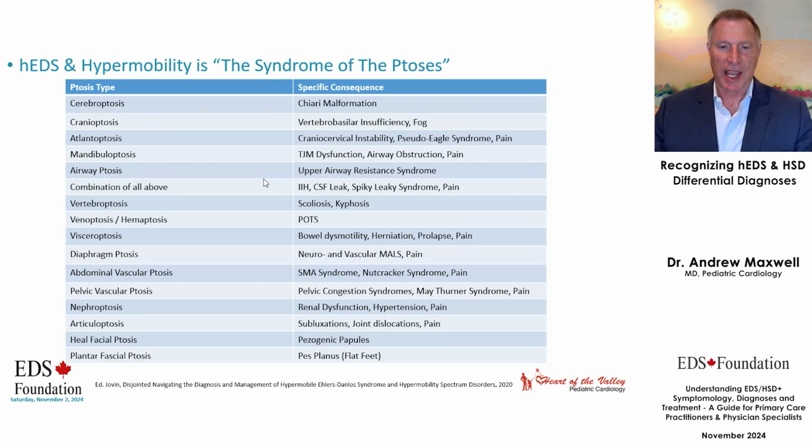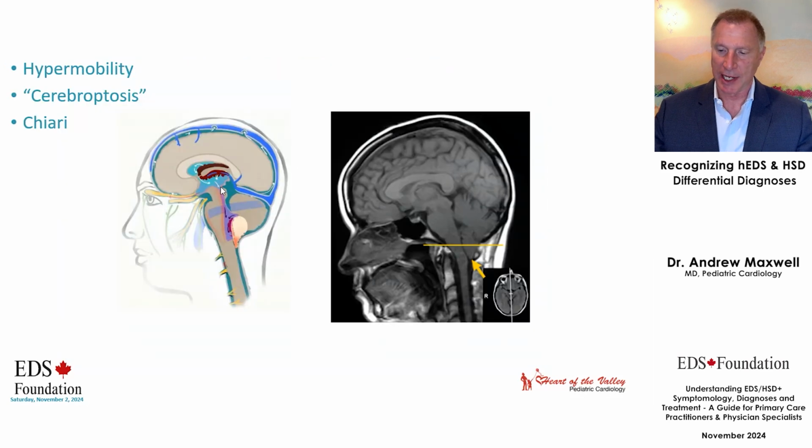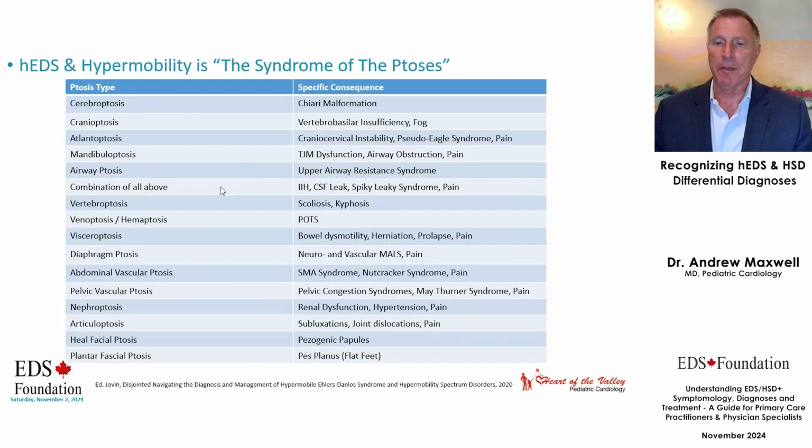Below that, we have vertebroptosis, creating scoliosis and kyphosis; venoptosis or hematoptosis, sagging of the veins in the body and sagging of the blood volume with gravity, creating a POTS situation. And then there's visceroptosis, sagging of abdominal contents, large bowel, small bowel, herniations, prolapses within the abdomen.